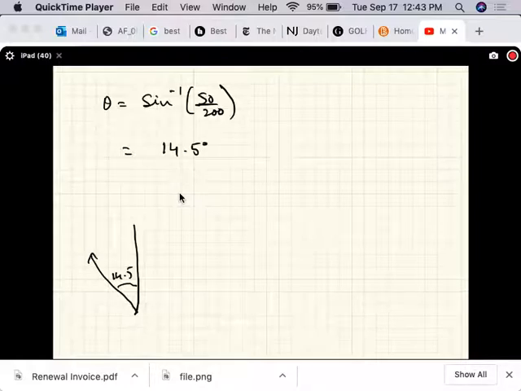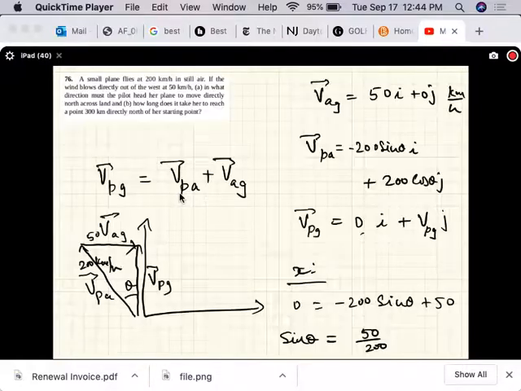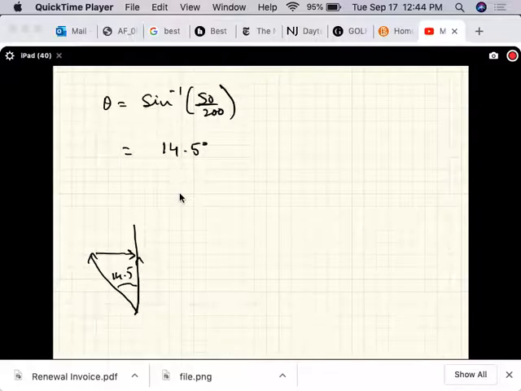And then the wind will blow her, and with the wind velocity added, she'll be heading directly north. Okay. So now let's continue the problem. That is part A.